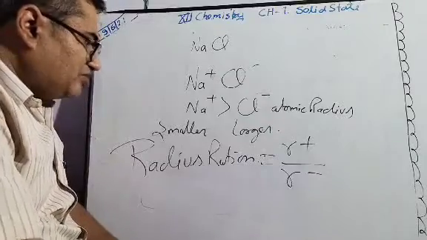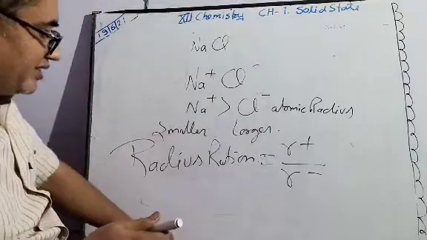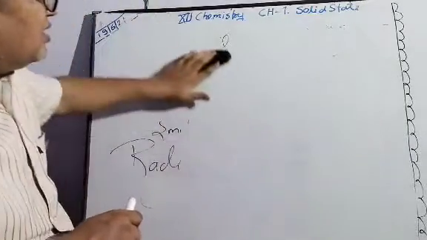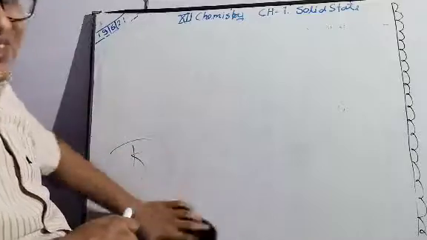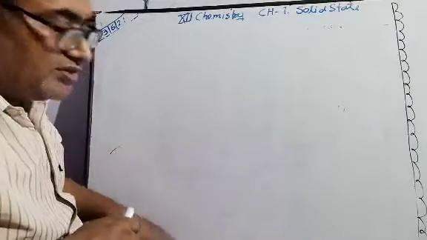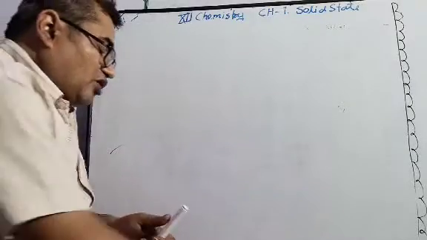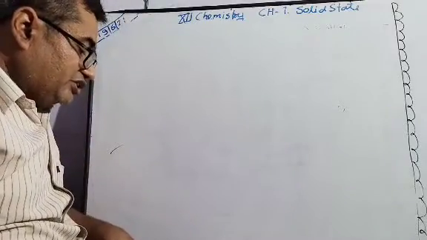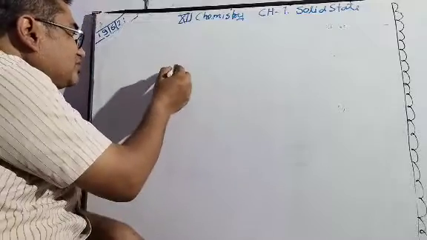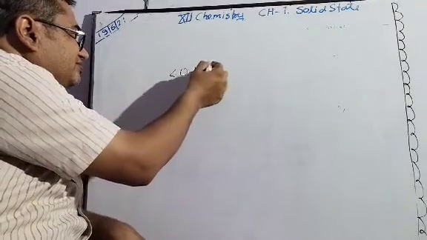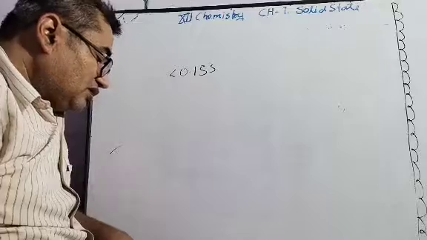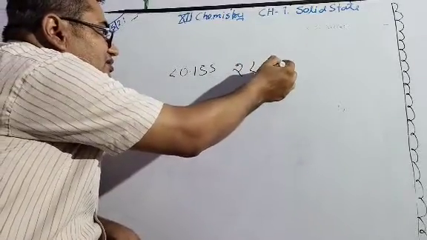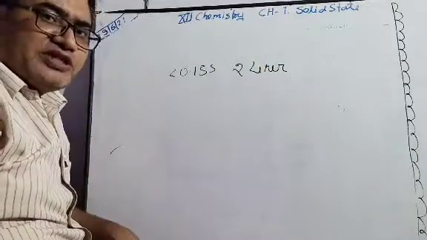We can conclude one important thing regarding the radius ratio, which is very important from the point of view of finding the different geometries. So there are several cases. If the radius ratio is less than 0.155, then the coordination number is 2 and linear shape is present.